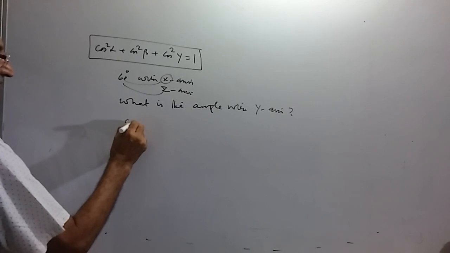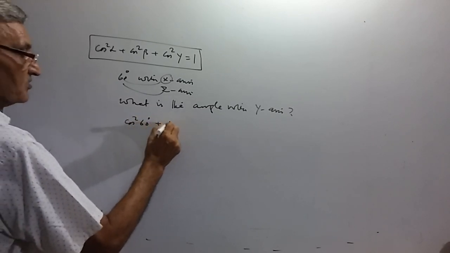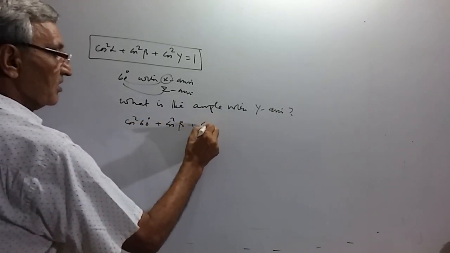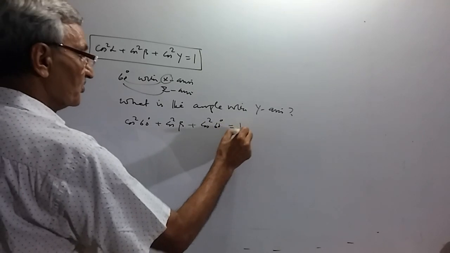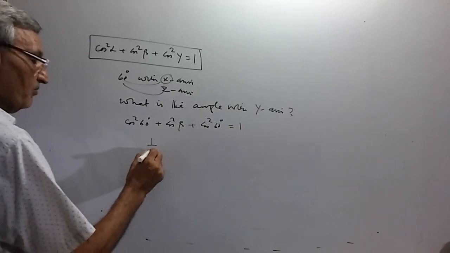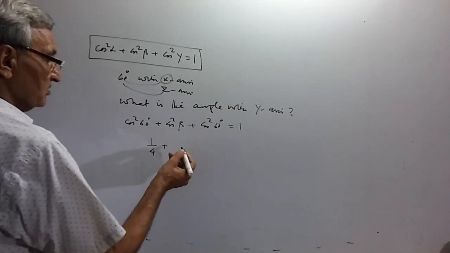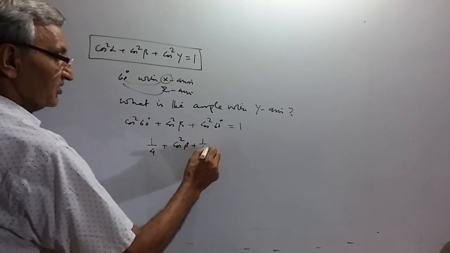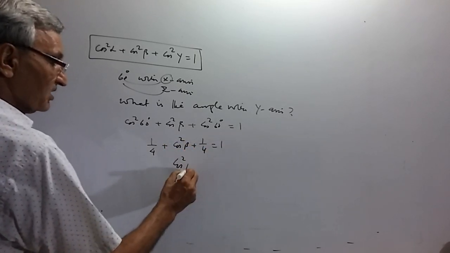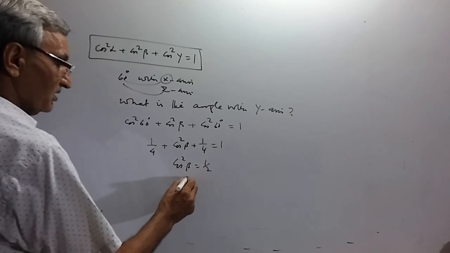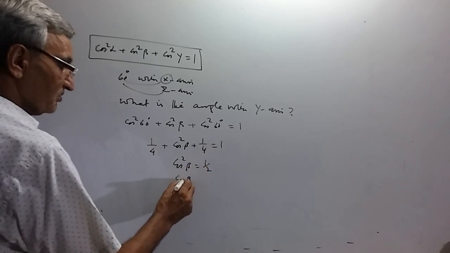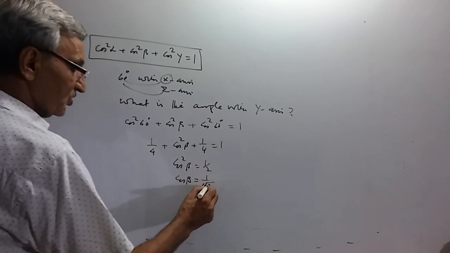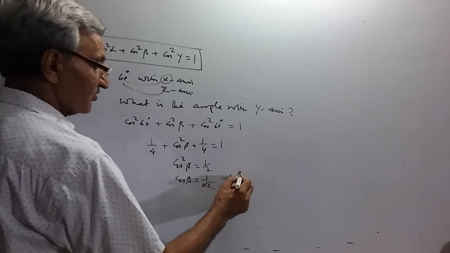So cos square 60 plus cos square beta plus cos square 60 is equal to 1. Cos 60 is 1 by 2, so the square is 1 by 4. Cos square beta plus 1 by 4 plus 1 by 4 is equal to 1. Cos square beta is equal to half, and therefore cos beta is equal to 1 over root 2, and therefore beta is equal to 45.